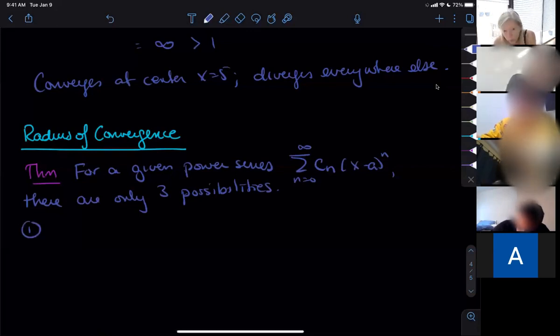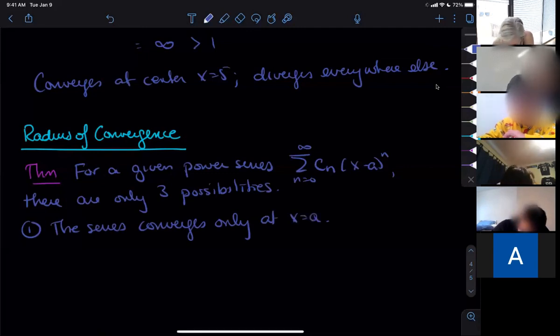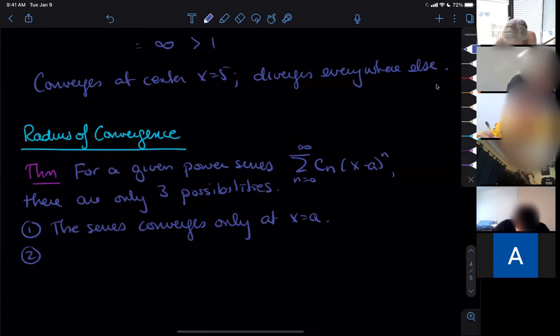First of all, the series only converges at the center, and that's it. Or the opposite thing, where it converges for all x values.